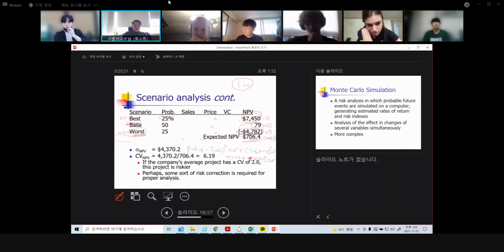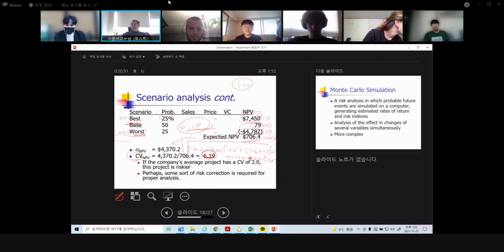Right? The square root is going to be 4370.2. So the coefficient of variation is going to be 6.19. Okay, so the coefficient of variation of this specific project S is 6.19, right? This is the third step.